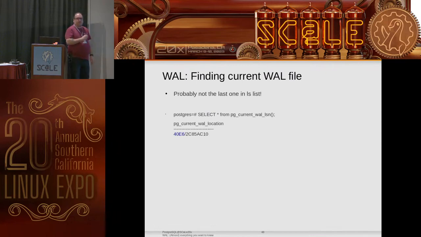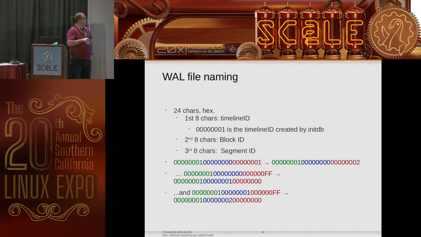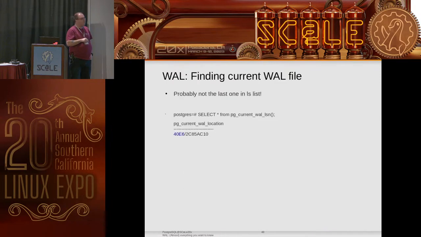Which is the current WAL file that I'm using? If we select from pg_current_wal_lsn, it gives you the LSN. This is the block ID, the blue one, and the red one is the segment ID, and this is the record in the segment.